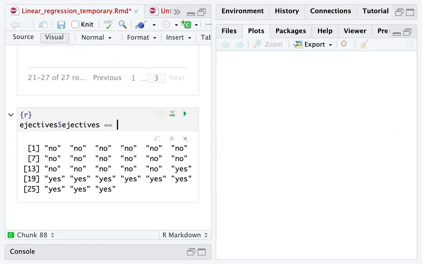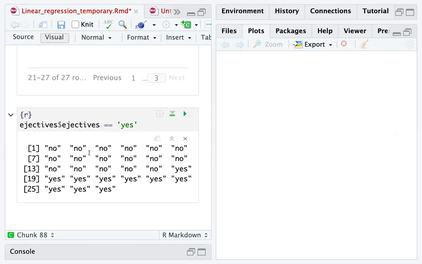Now we make a question. This question is: this vector equal to the vector yes. So this will give us true when there is a yes, false when there is a no.